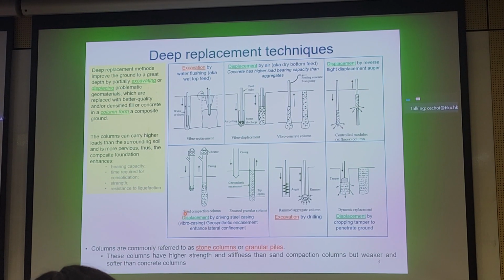So that's displacement auger, and at the bottom left here, we can see that there are sand compaction columns. This is quite a unique approach because we have to carry out compaction, and it's a replacement technique. With this particular technique, we require vibrating, and you can probably guess that a vibrator is used for granular material.